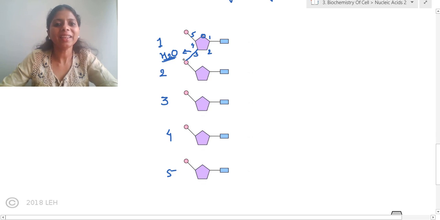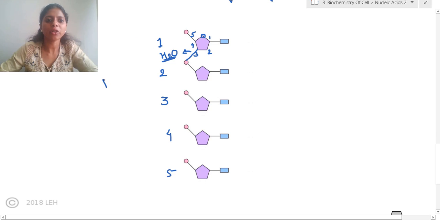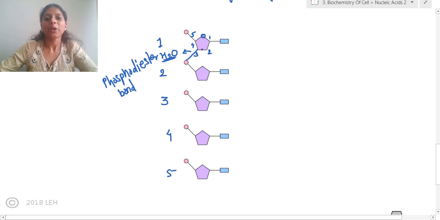And the name of the bond which is synthesized over here is called a phosphodiester bond, or even called a phosphodiester linkage. But the process is dehydration synthesis. What happened? The bond is formed between the third carbon of the first nucleotide and the phosphate of the second nucleotide.